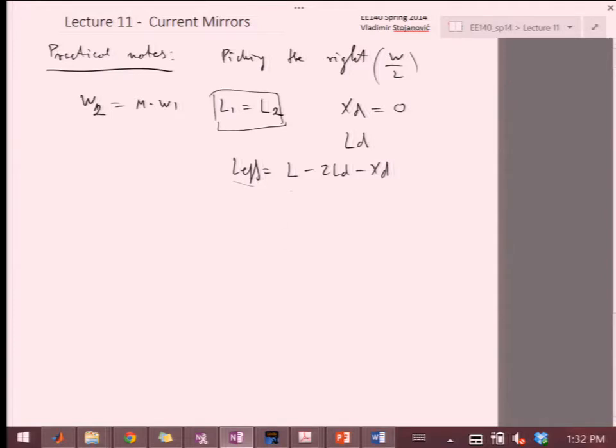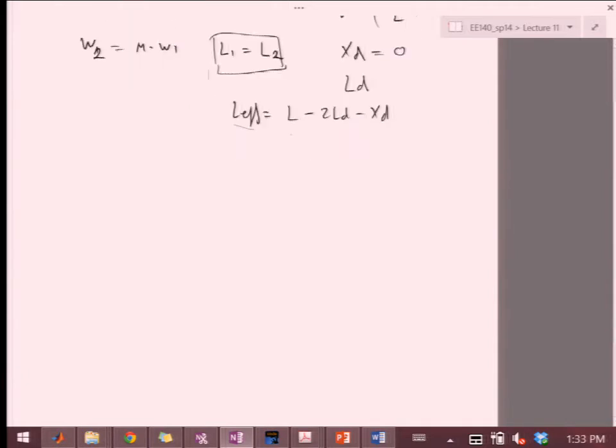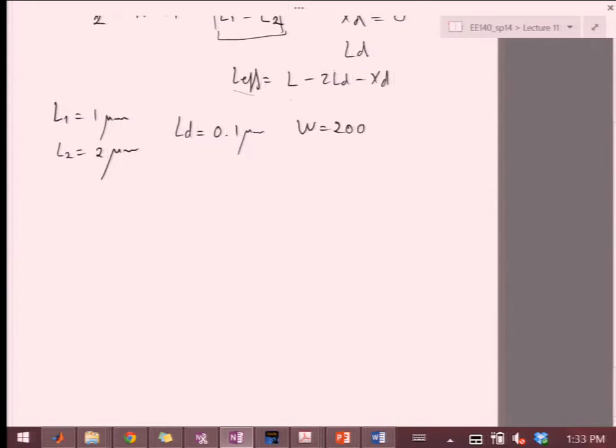So for example, if we had L1 equals 1 micron and L2 equals 2 micron, and LD equals, let's say, 0.1 micron, and W, for example, is 200 micron, then one ratio would be 200 over 1 minus 0.2, and another would be 200 over 2 minus 0.2.